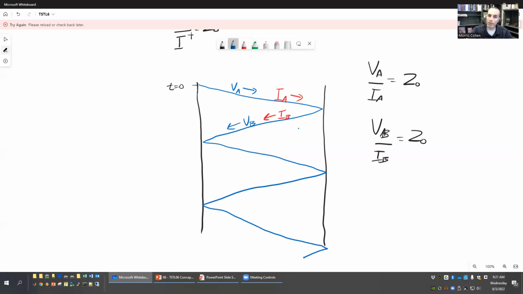You might get another reflection again, in which case we have a VC and there's an associated current with it, IC, and same relationship for that, VC divided by IC equals Z0, and this will just continue onwards.